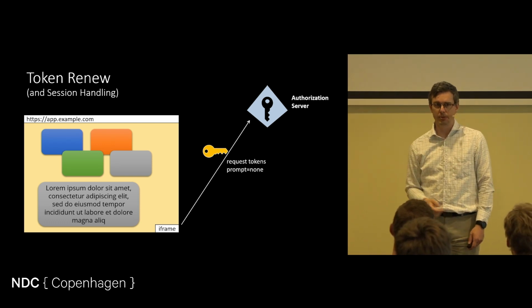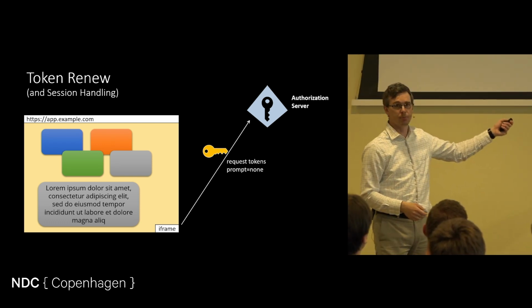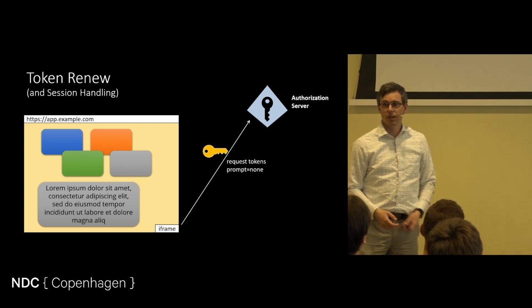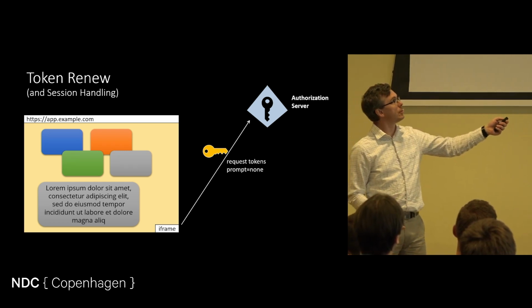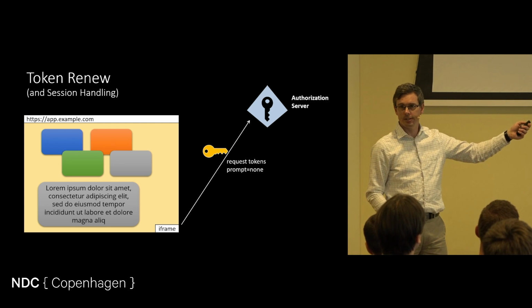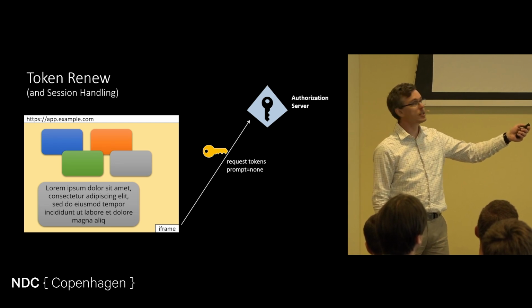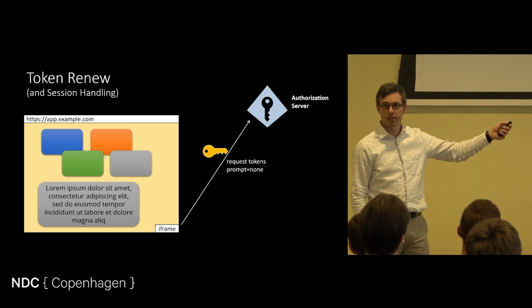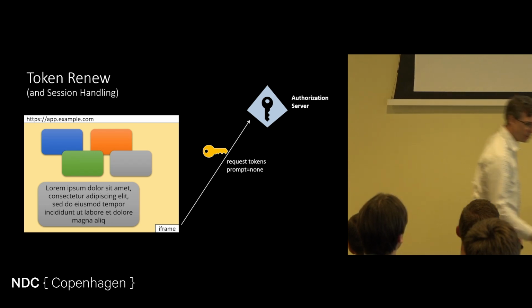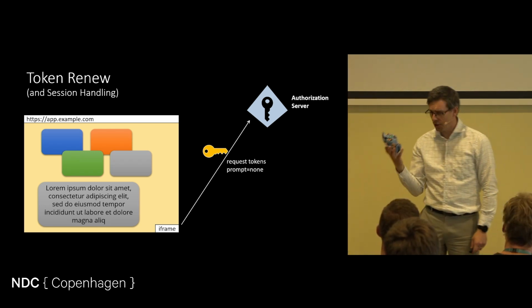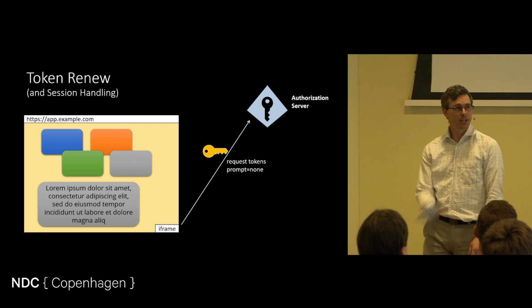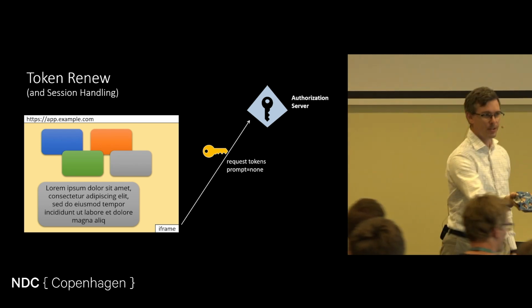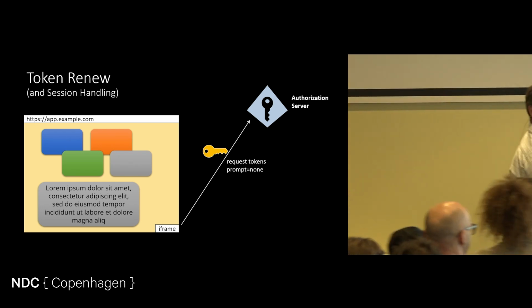Don't show any UI. I mean, a UI in the hidden iframe wouldn't be visible. But as long as we have an ongoing single sign-on session, it works. How is that session represented? How does the authorization server know that there is actually a session going on? What is sent along? Cookie.